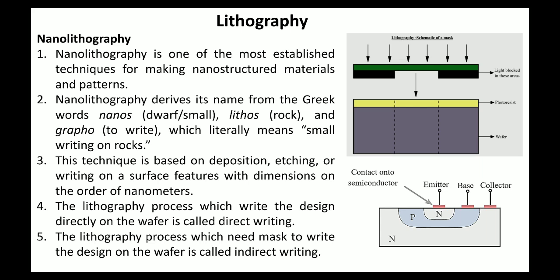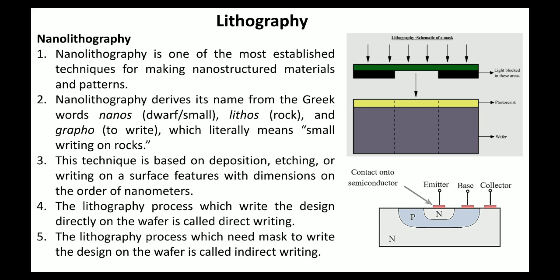Wherever there is a mask, the light is blocked, and where there is no mask, the light can pass and get incident on the photoresist.